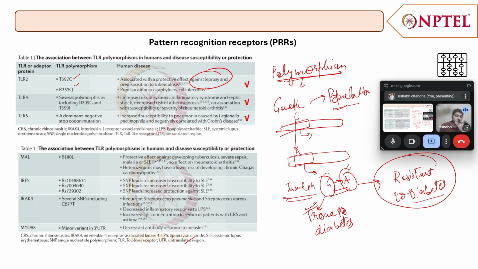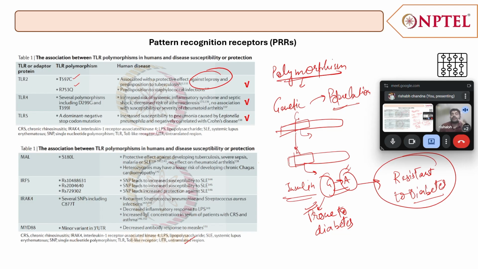That means it has increased systemic inflammatory syndrome and septic shock, decreased risk of atherosclerosis. So these patients have increased risk of systemic inflammatory syndrome and septic shock, but decreased risk of atherosclerosis.